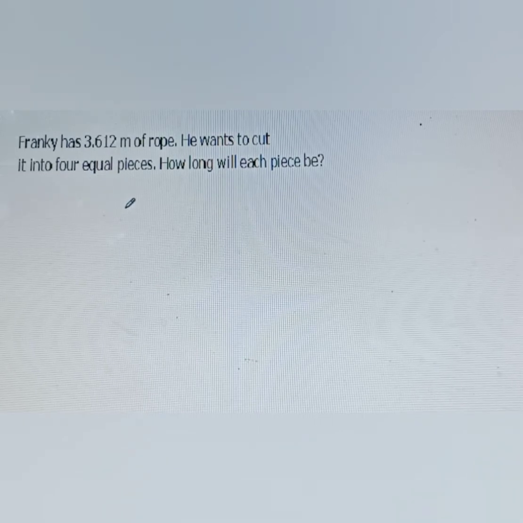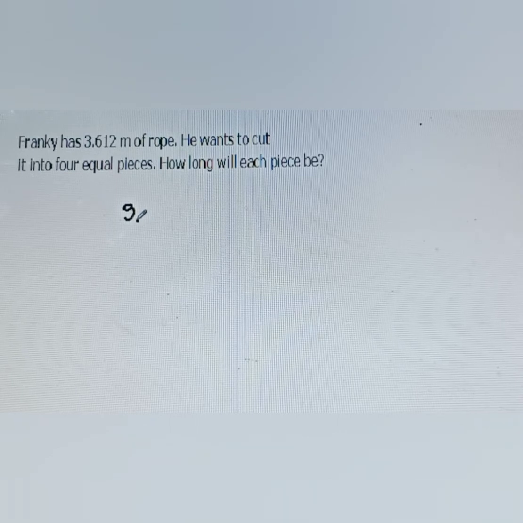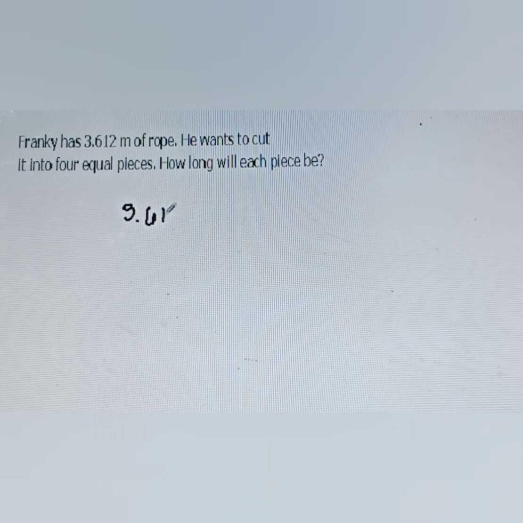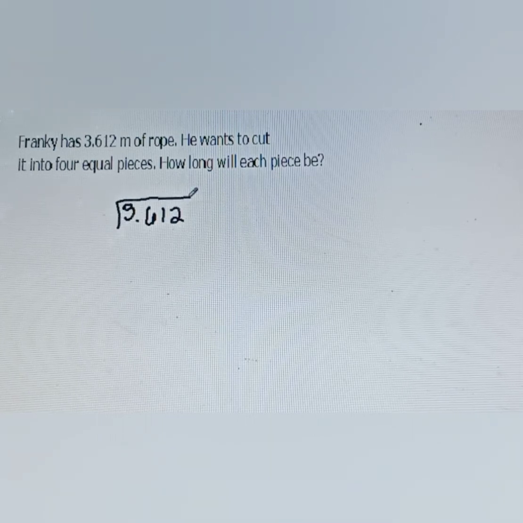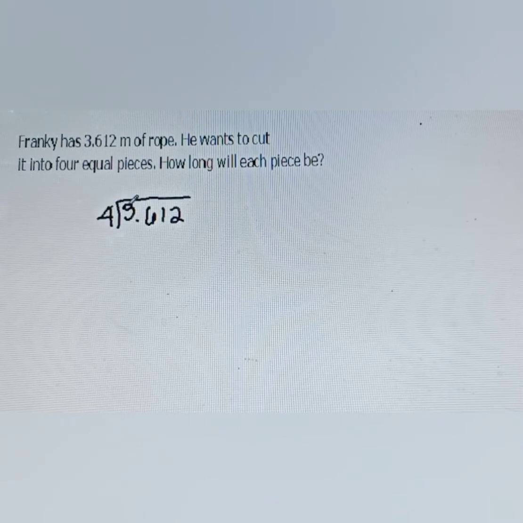So let's write 3.612. Let's divide this by 4 equal parts, correct? You divide this by 4 equal parts.